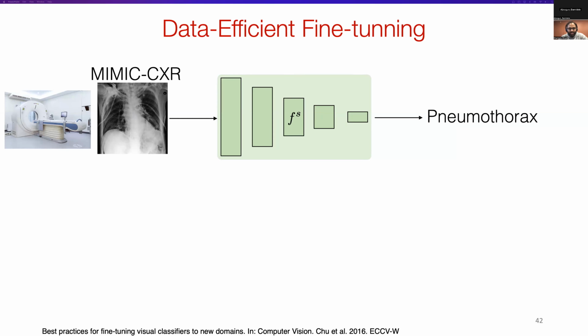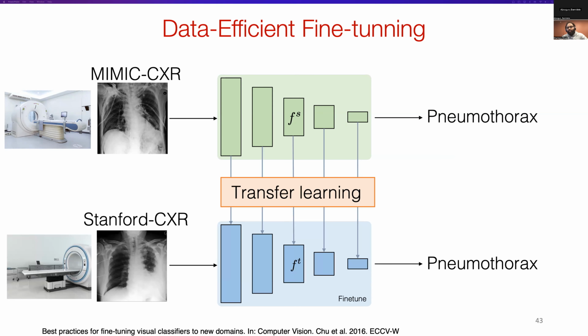For example, in a typical transfer learning setup, we train our source model on the MIMIC-CXR dataset in order to identify pneumothorax. Now we want to transfer this model to the Stanford CXR, and we fine-tune on the entire Stanford CXR dataset. By fine-tuning, I mean that we are fine-tuning all the different components, like the feature extractor and the classifier of the black box, for this transfer learning.